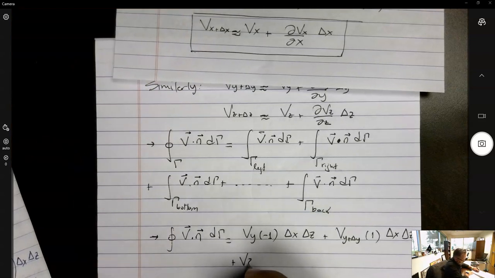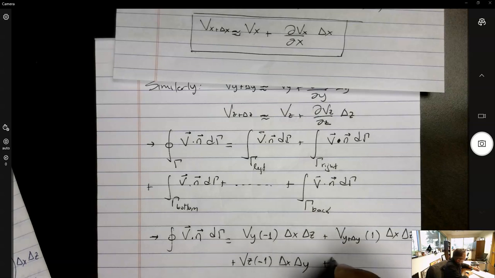Plus Vz times -1 times delta x delta y, plus Vz plus delta z times 1 times delta x delta y, plus Vx times -1 times delta y delta z, plus Vx plus delta x times +1 times delta y delta z.